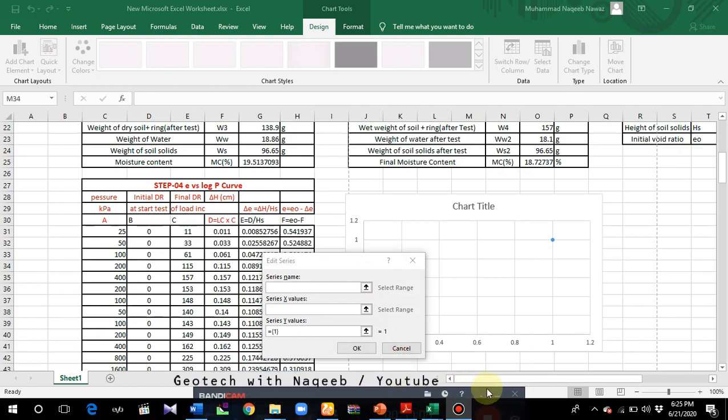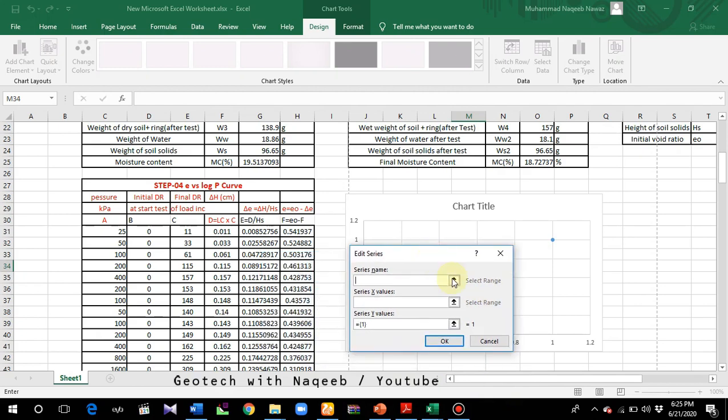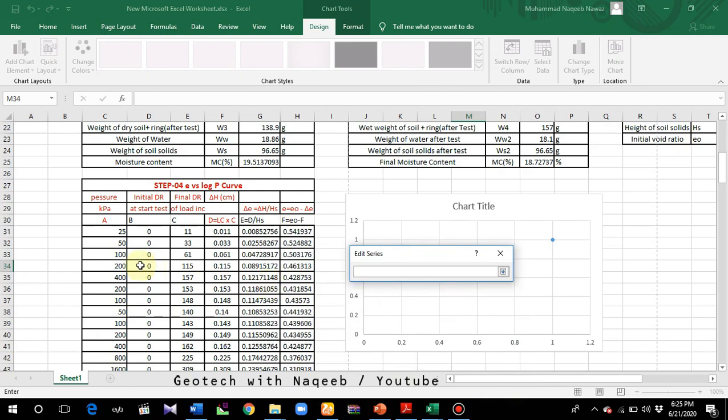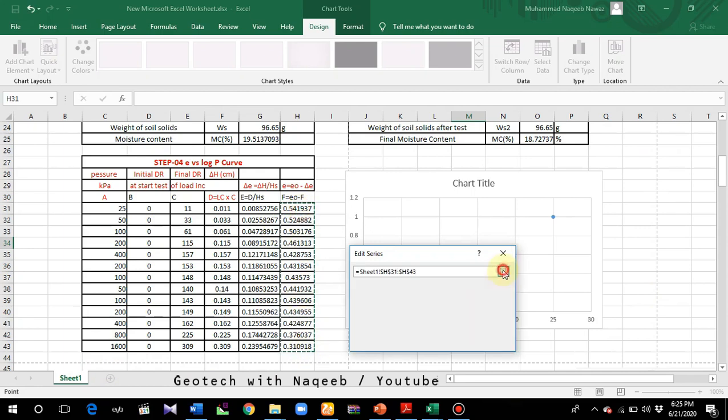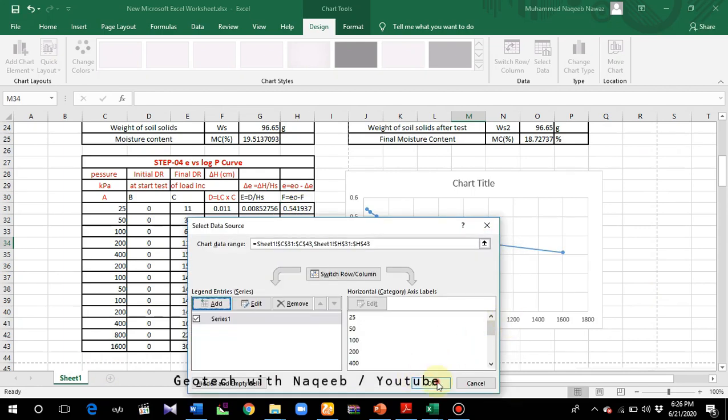Along the x-axis there will be pressure values. I will select these values, and along the y-axis there will be the void ratio, this, and okay.